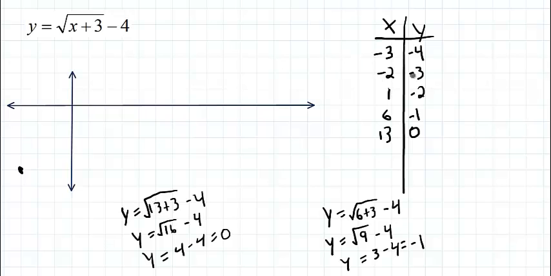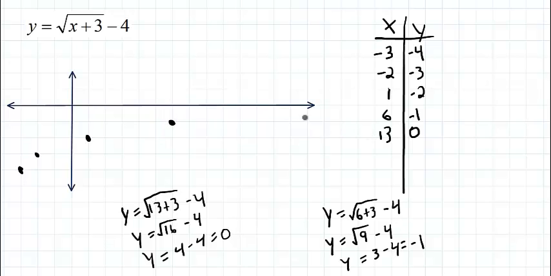-2 comma -3 is going to be back 2, down 3. 1 comma -2, it's going to be 1 and then down 2. 6 comma -1 is going to be 1, 2, 3, 4, 5, 6, down 1.